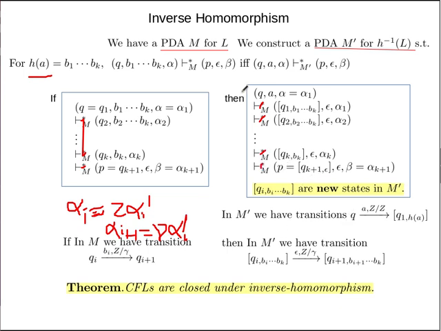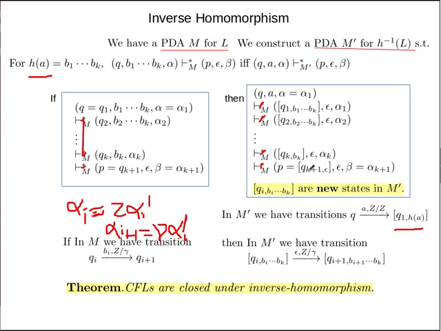So in the very first step, it consumes this a here, and from this q it goes to this state, which says that this is q1, and then here we have this h(a). So somehow it computes this h(a) and remembers it as a part of the label of the state, right? So this transition is also here.